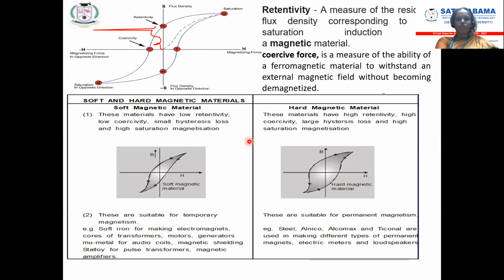It never follows the same path, which is why we get the hysteresis curve. The hysteresis loss will also be there, and depending upon the shape of the hysteresis curve, the loss is decided. Are you clear? Today we have seen some problems, and if they ask you to write short notes on leakage or retentivity, you may have to explain this.